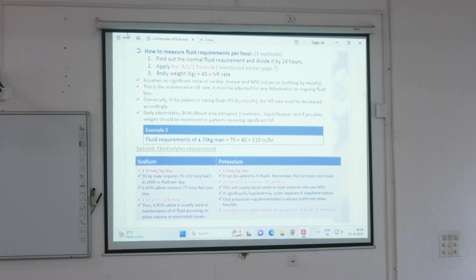This fluid requirement assumes that the patient doesn't have any renal or cardiac disease and is not kept NPO. So that is the maintenance IV fluid rate. Always remember, this 4:1 formula is the maintenance IV fluid rate. Any ongoing fluid loss is extra, because some patients who have lost extra blood, you have to replenish separately.